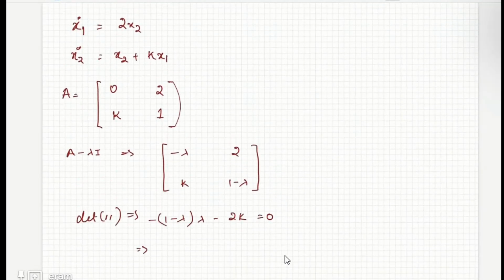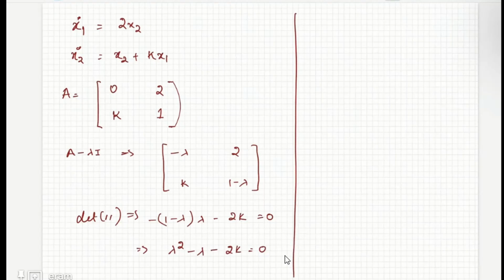That means it is lambda square minus lambda minus 2k equals to 0. Now for this system, the eigenvalues lambda are given as minus b plus minus square root of b square minus 4ac, divided by 2a.